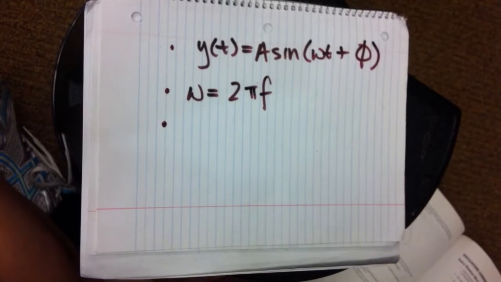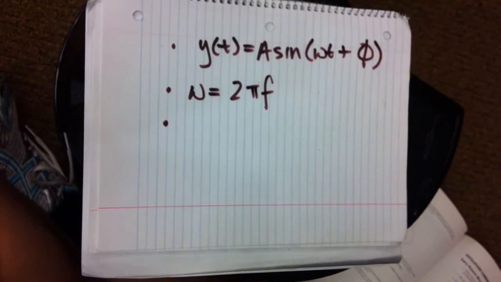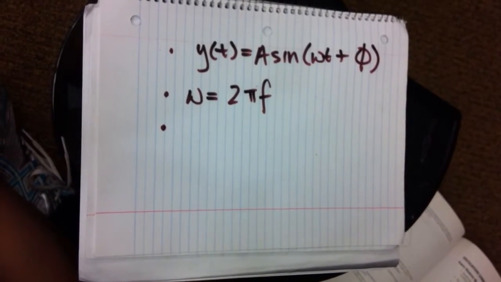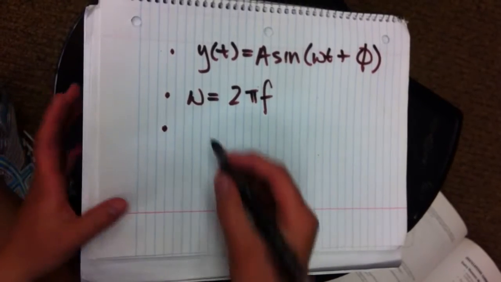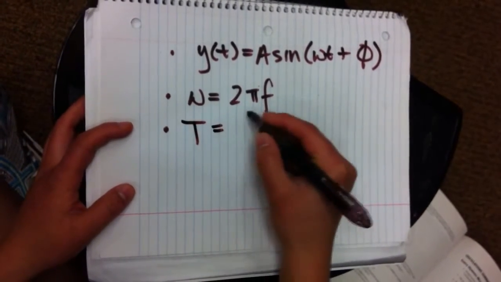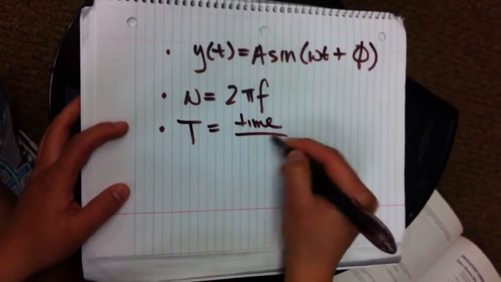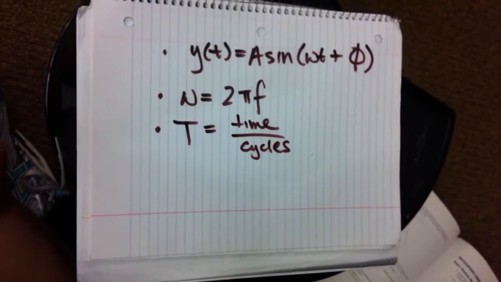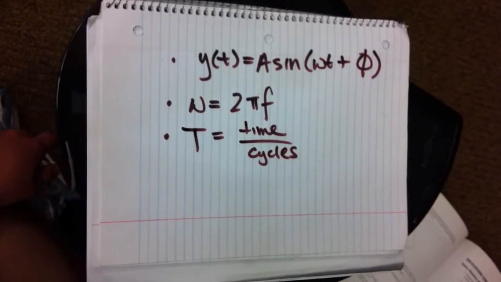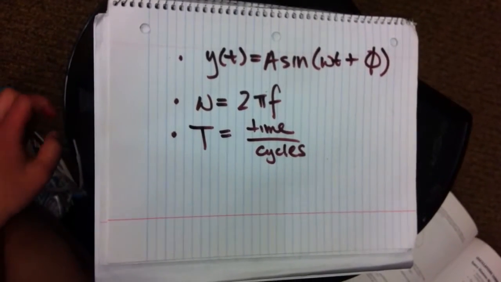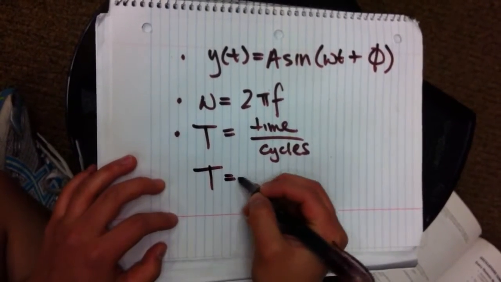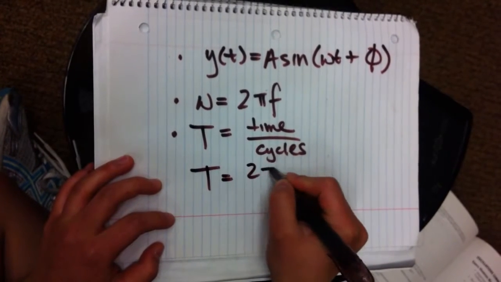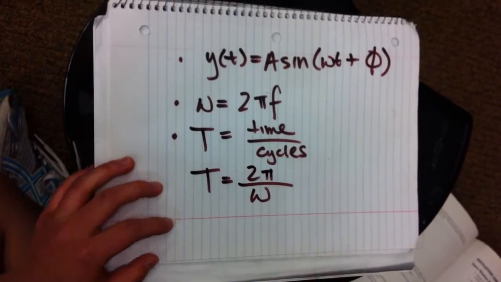And then another equation you might need is to find the period. The period is the length of time it takes for an object to complete one cycle. So, T equals time over cycles. The period can also be expressed as an equation that's proportional to the angular frequency: T also equals 2 pi over omega.